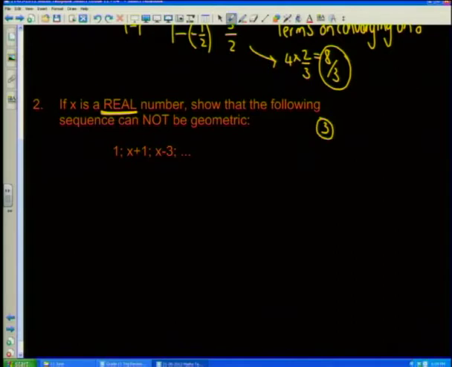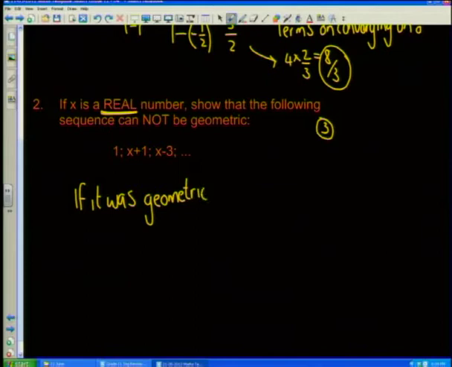Now, the only thing I know to do with a geometric is if it was geometric, all right, then I would definitely be able to make a common ratio. So I would know that x plus 1 divided by 1, term 2 over term 1, would be equivalent to x minus 3 over x plus 1.